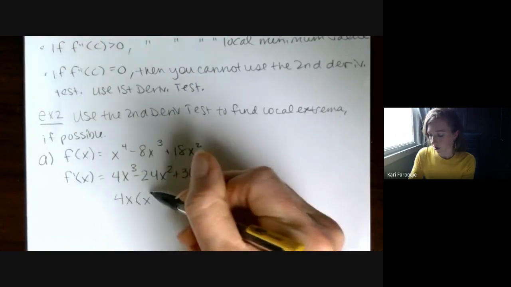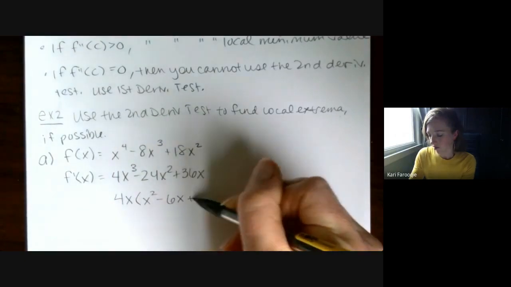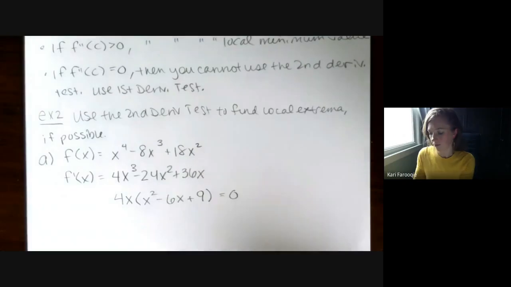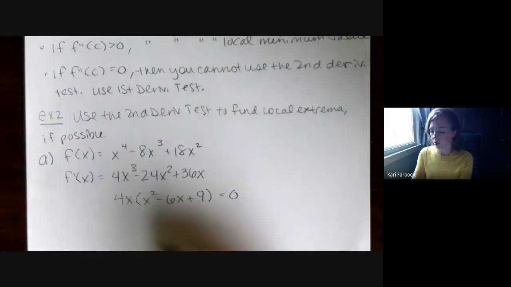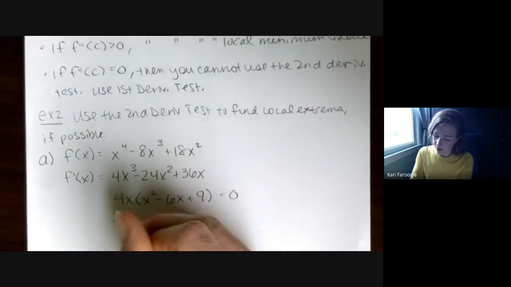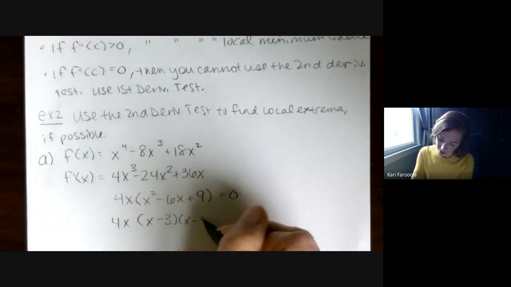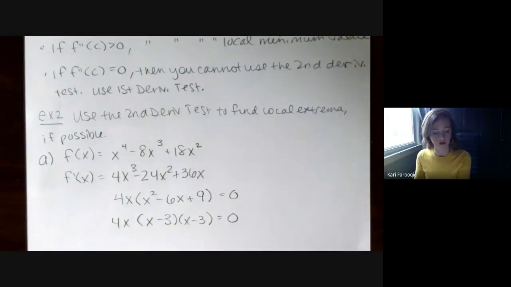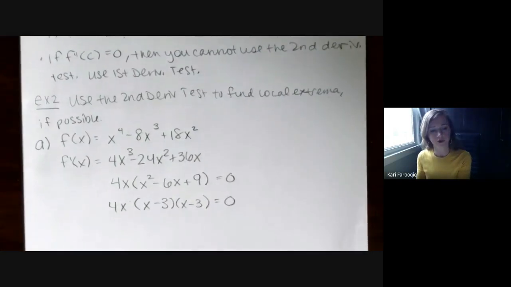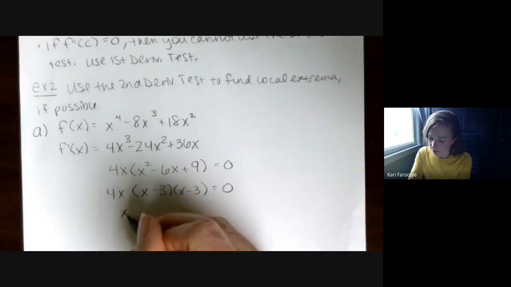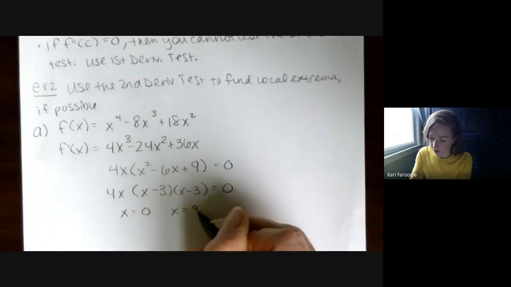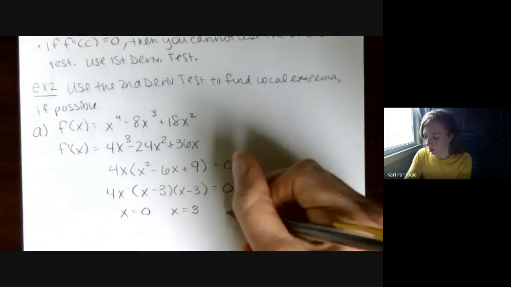That leaves me with x squared minus 6x plus 9. I'm going to set that equal to 0. And when I factor this, I'll get x minus 3 and x minus 3. It's a perfect square trinomial. And I'll get x equals 0 and x equals 3 as critical numbers.